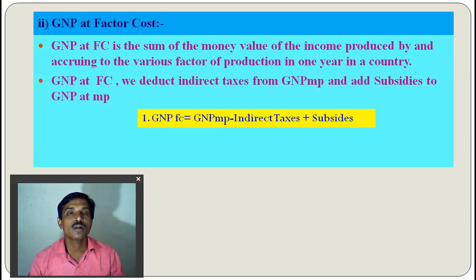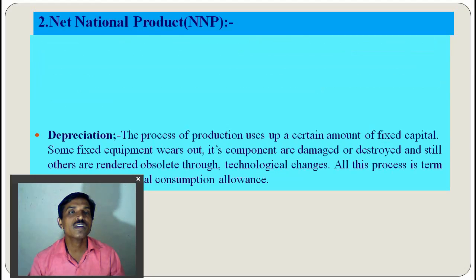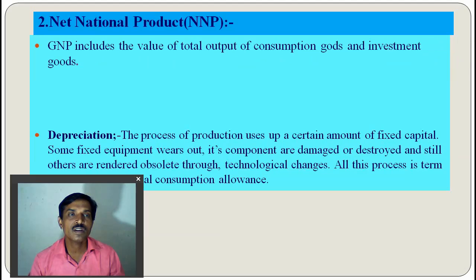And next is about the NNP, the net national product. So what is the net national product? GNP minus depreciation is equal to net national product, and GNP includes the value of total output, consumption goods and investment goods.